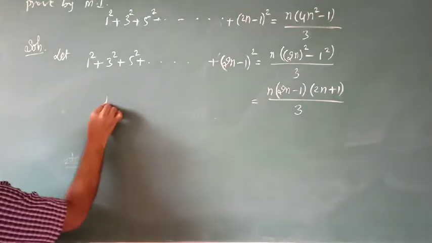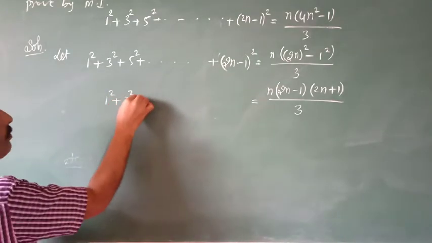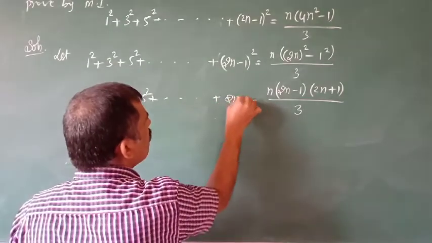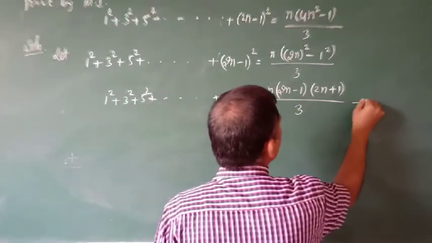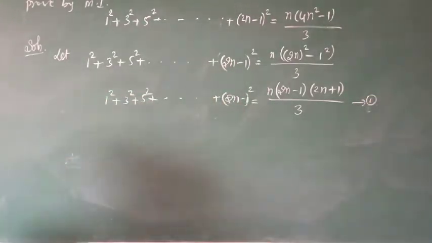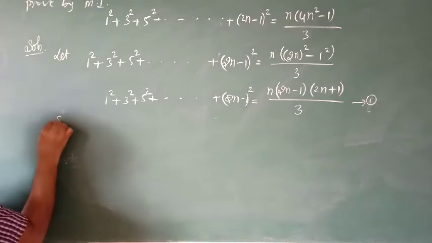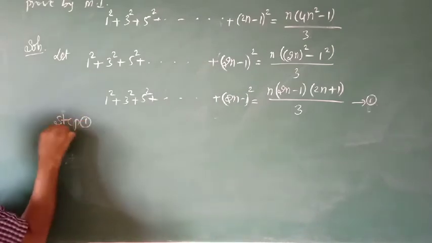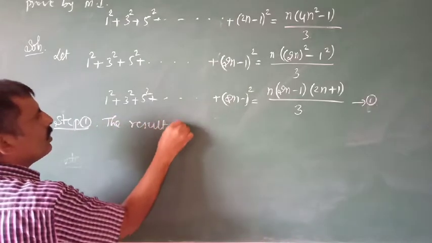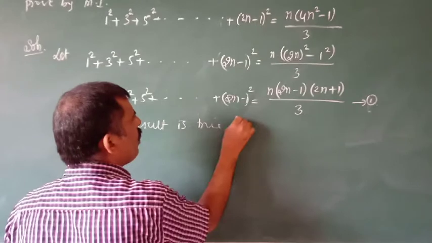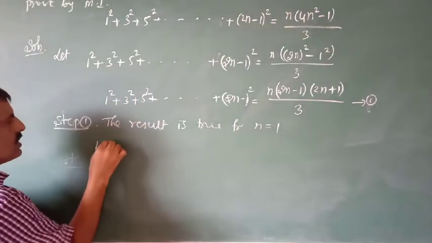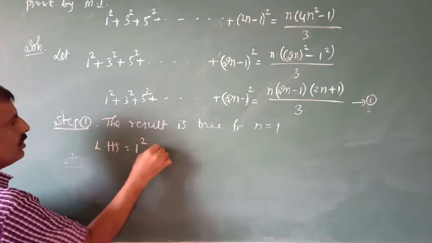So 1 square plus 3 square plus 5 square plus so on plus 2n minus 1 whole square is also equal to equation 1. Step 1: the result is true for n is equal to 1. LHS is equal to 1 square, which is 1.